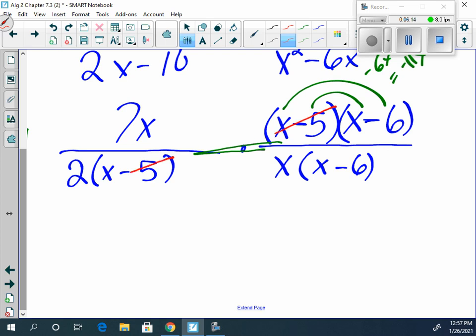And anything else? x and x. So what is left over? Right, 7 over 2 or 7 halves. That's all that's left, yes?